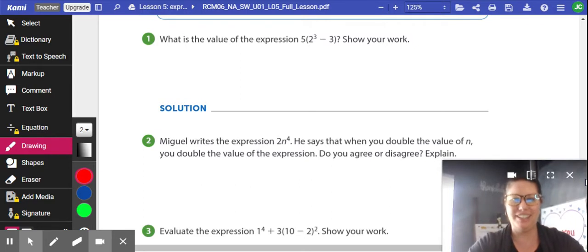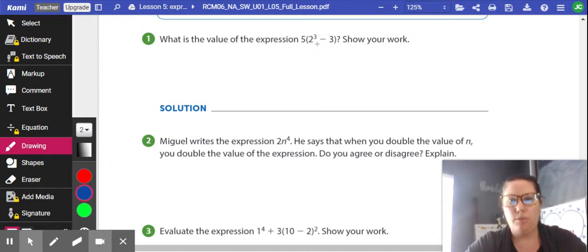Number one, let's try that again. What is the value of the expression 5 in parentheses 2 cubed, because remember, we can say cubed in place of 3, which means exponent, minus 3. PEMDAS tells us to do what's inside of our parentheses first, okay?